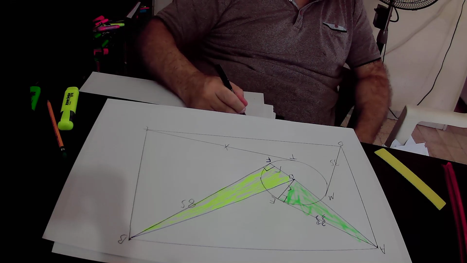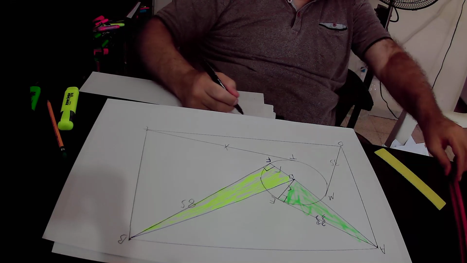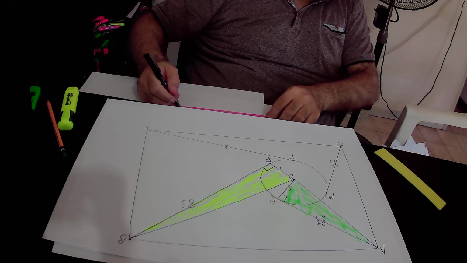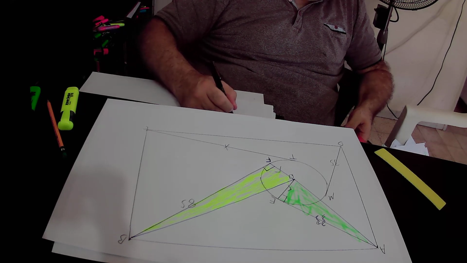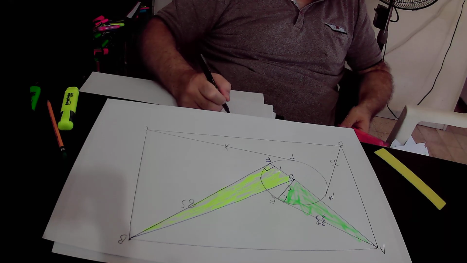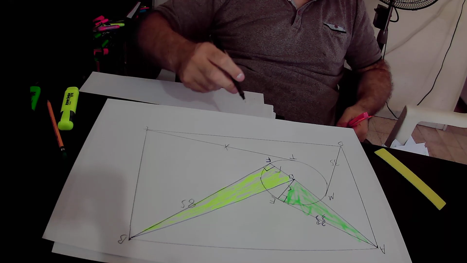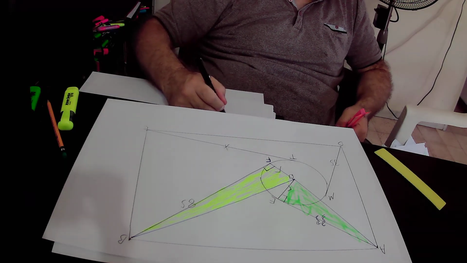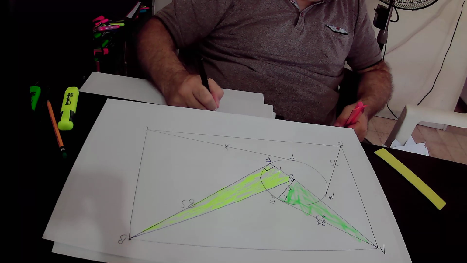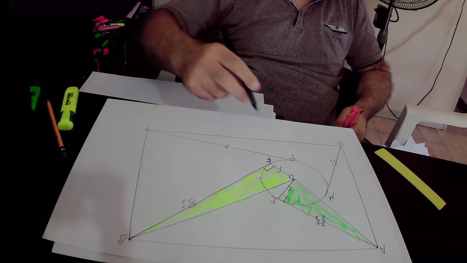So BO square equals OF square. OF equals R, therefore OF square equals R square, plus BF square.